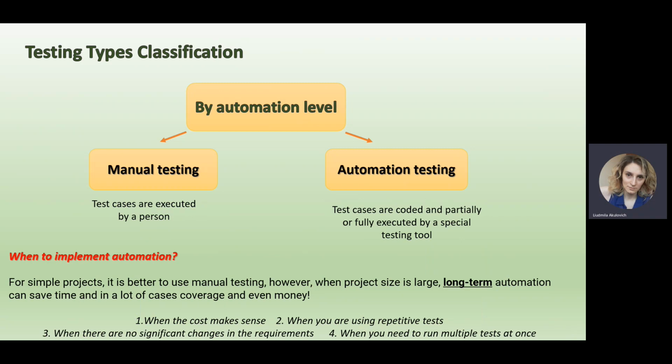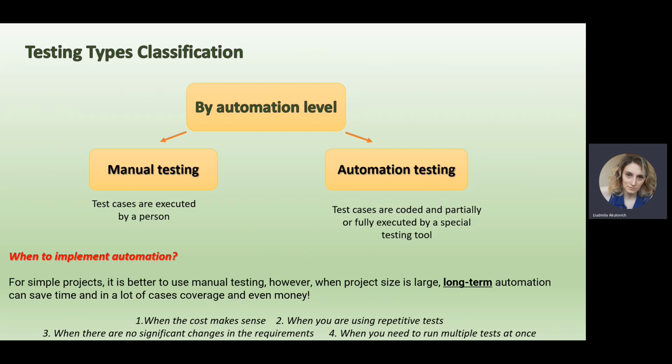The next division of testing types is classification by automation level. So it can be manual testing or automation testing. Manual testing is when tests are executed by a person manually, with the usage of your hands, your eyes, and of course your brains. If we're talking about automated software testing, in this case, testers write code, they write test scripts to automate test execution.